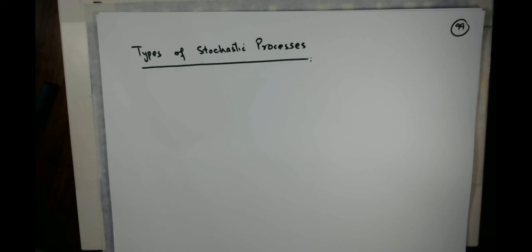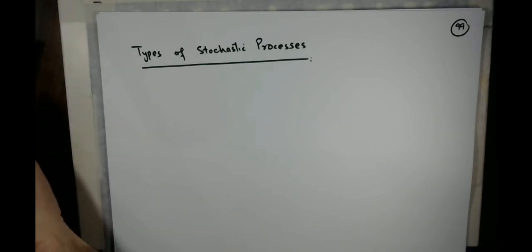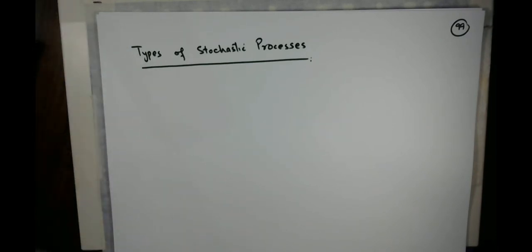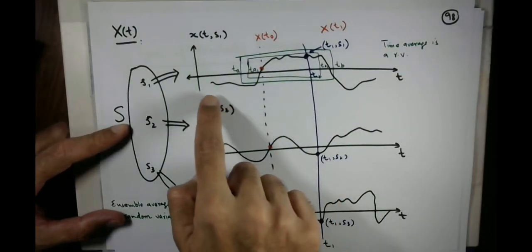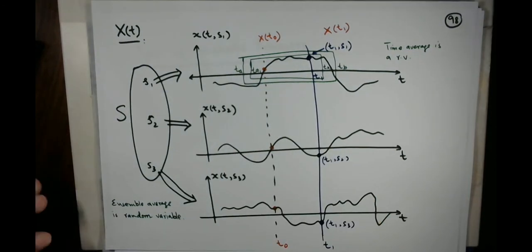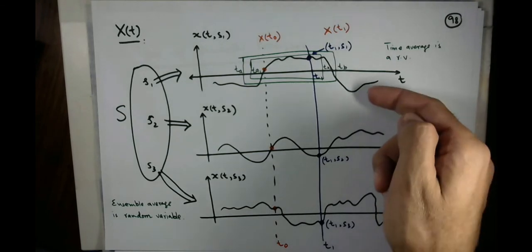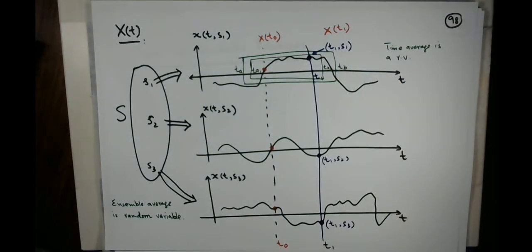There can be, in general, four types of stochastic processes. There is the concept of time and the concept of value of the function, the height of the function. So we basically divide the types of the processes with respect to time and with respect to the value of the sample function.